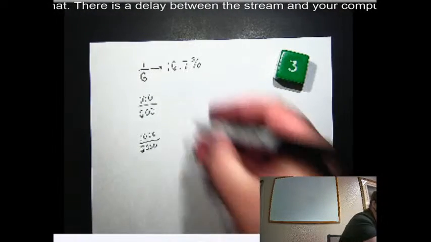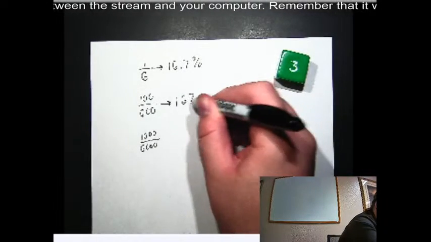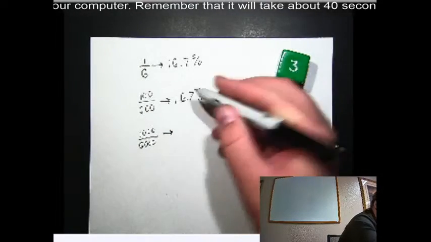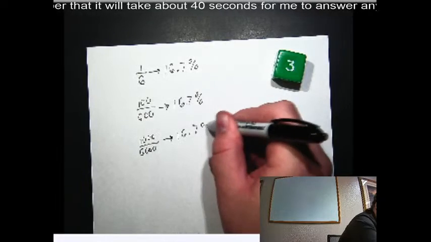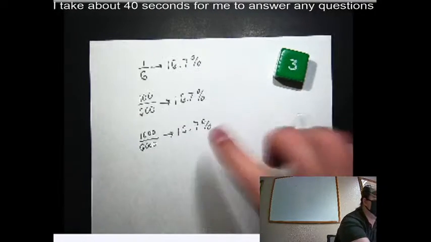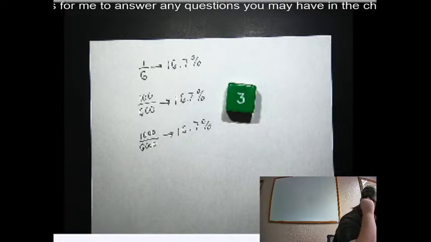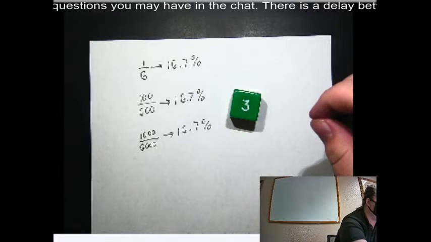So this percent is telling us what we can expect our results to look like over time. It doesn't matter how many times we roll it, it's always going to have this percent chance, this probability of rolling a 3. Again, that doesn't mean we're guaranteed to get a 3.